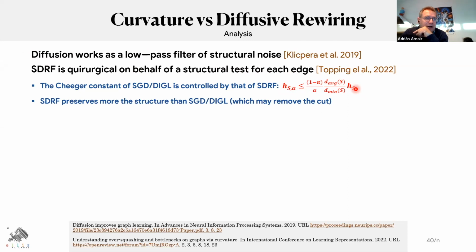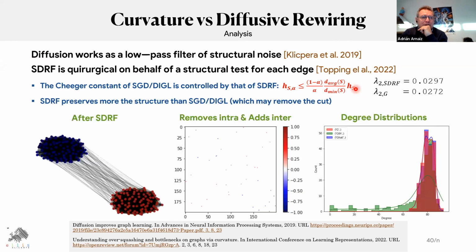In addition, SDRF preserves the structure more than the diffusion, because, in particular, in the notebook you will see that we end up removing the cut. So we can see that here. After the SDRF, we get this new graph, which is the rewired graph. You cannot recognize the difference between this and the original graph.